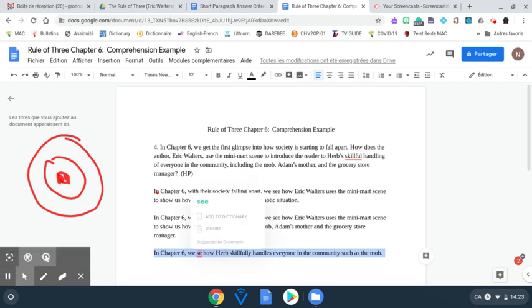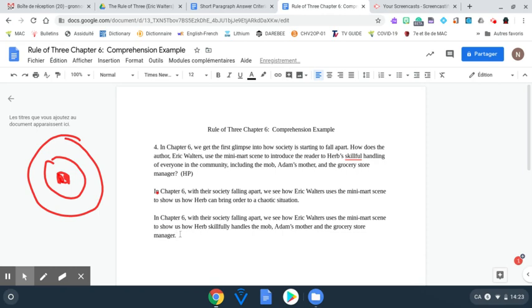Okay, so let's go ahead and get rid of that. And so we have either of these that we can use. Okay, let's look at another option here, which would be something like with society falling apart, we see how Herb skillfully handles everyone in the community.